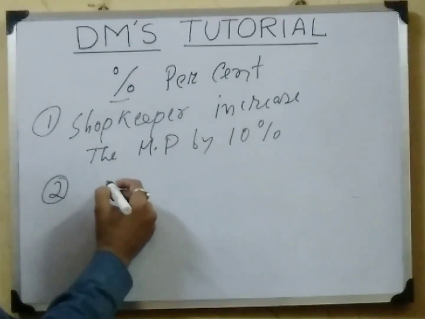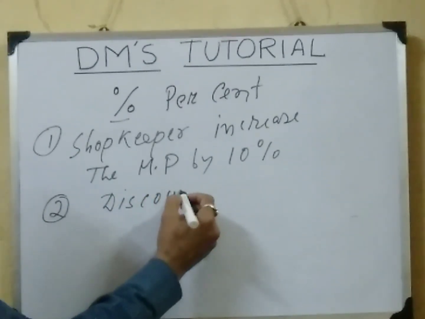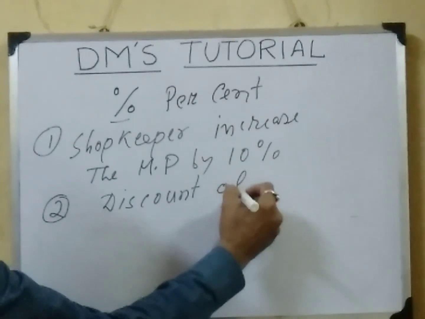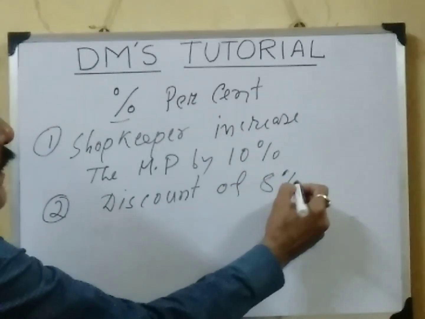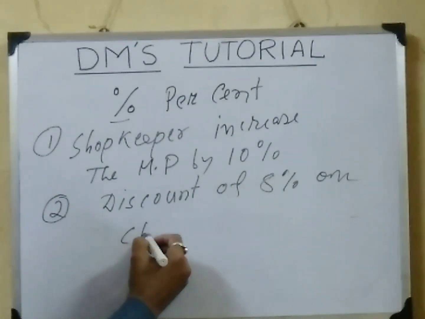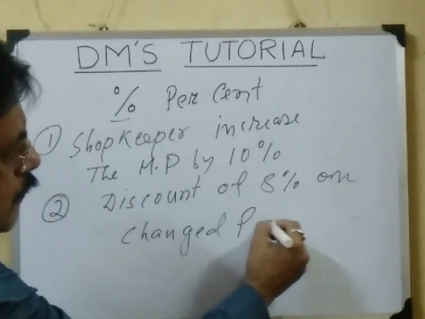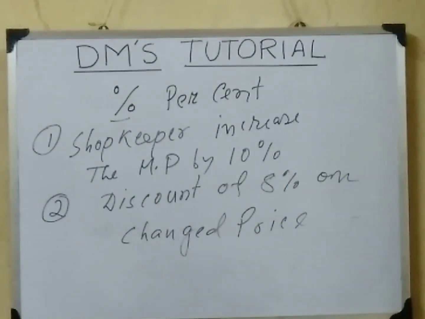He is giving discount of 8% on changed price. So ultimately, what percent of money is he making as profit? We are going to solve this problem.